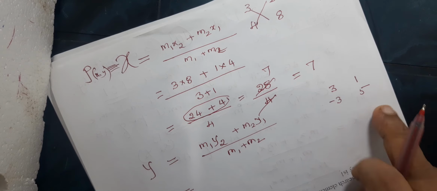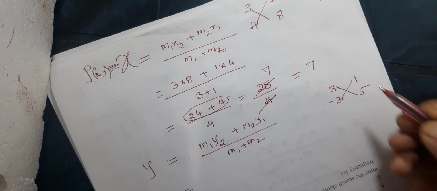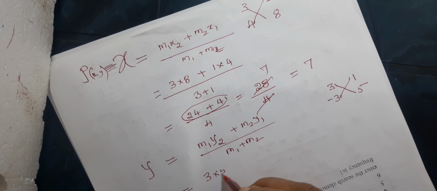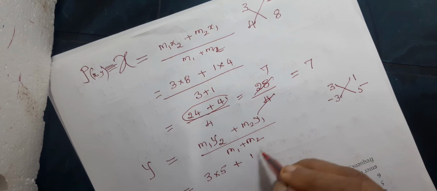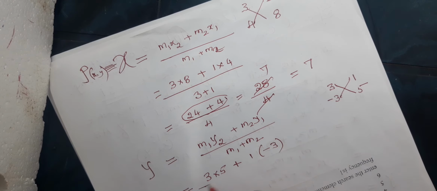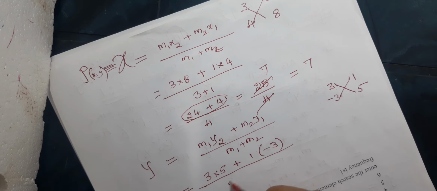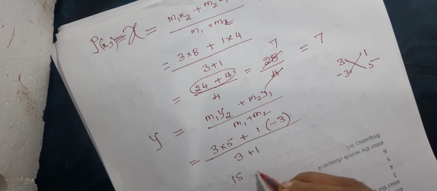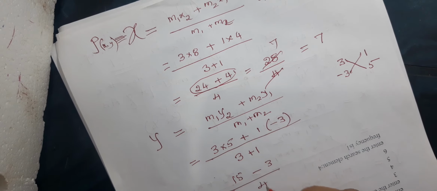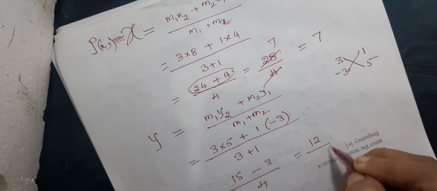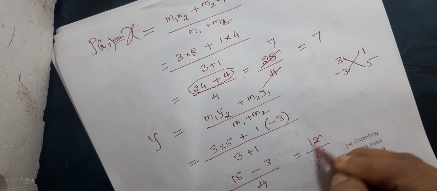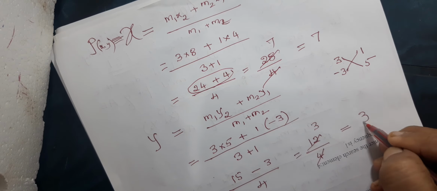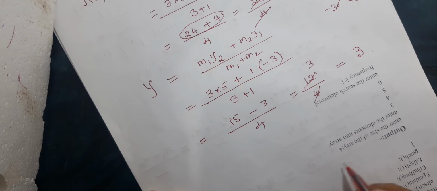The y coordinates I wrote here. Then I will just draw like this. So 3 into 5 plus 1 into minus 3 by 3 plus 1, which is equal to 15 minus 3 by 4, which is equal to 12 by 4, which is equal to 3. So 3 is the y value.